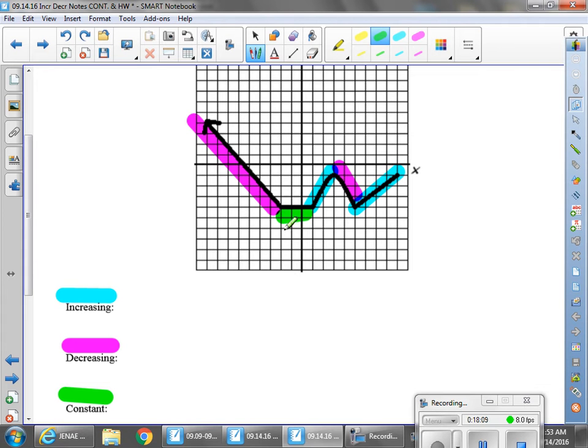So we're going to pretend like this was a quiz question. Go ahead and identify increasing, decreasing, and constant, and then we will compare. And if you want to check in with a neighbor, feel free. Or check in with Miss C. She makes a great neighbor.